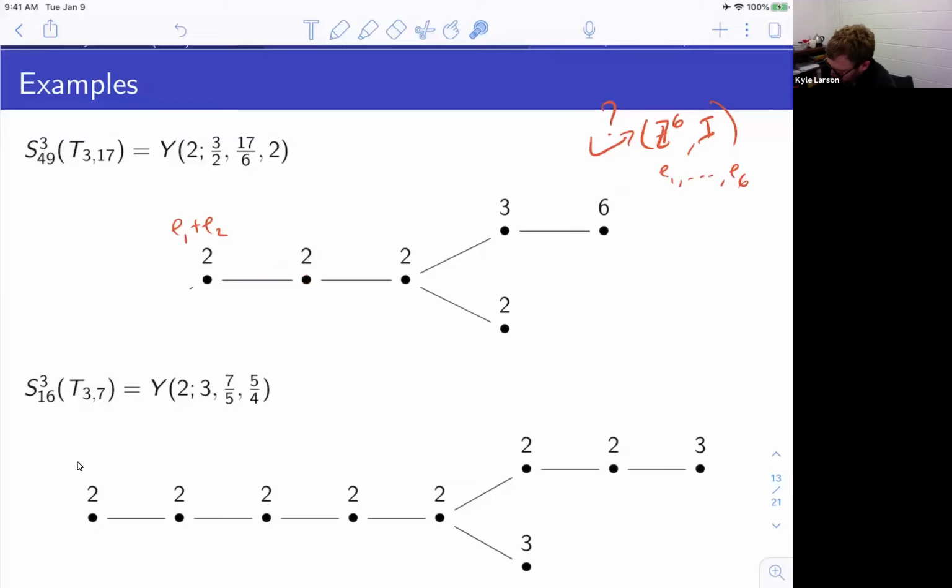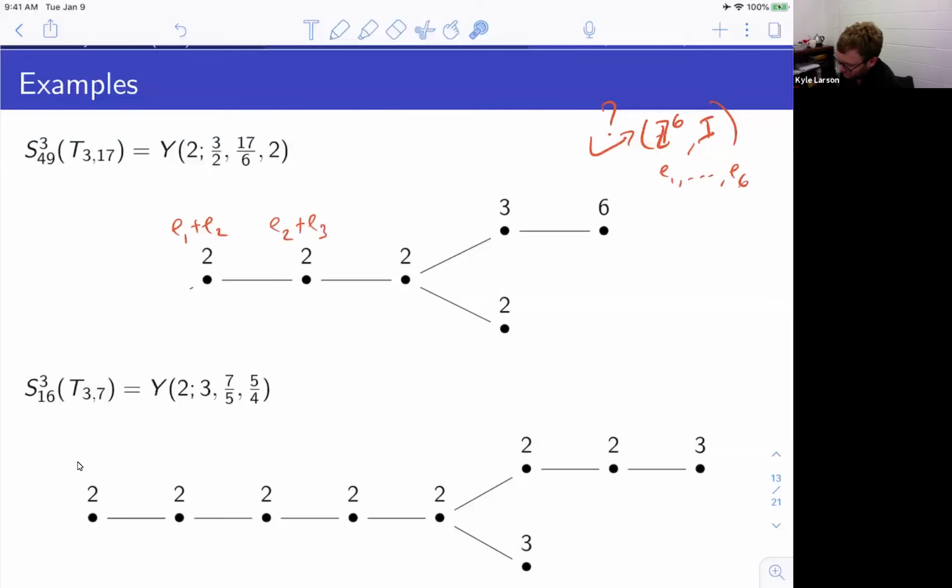So this vertex should be sent to something that has either e1 or e2, and not the other. And again, up to reordering basis vectors, I can choose to send this to e2 plus e3. Now let me pause. If you're okay with this, then this is the hard work.